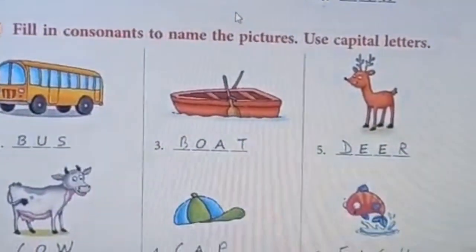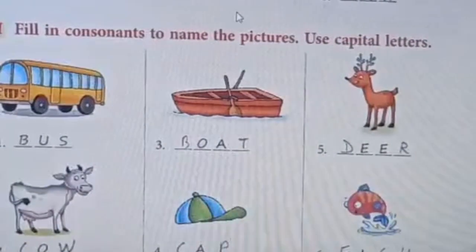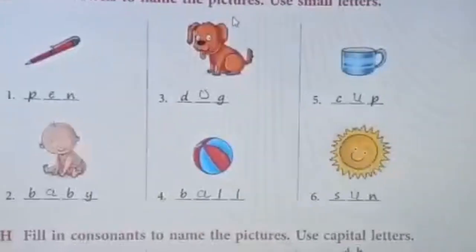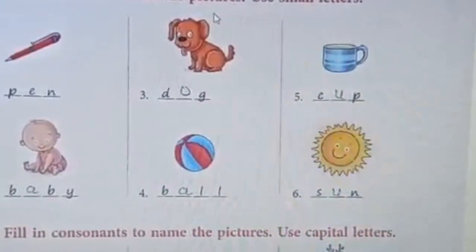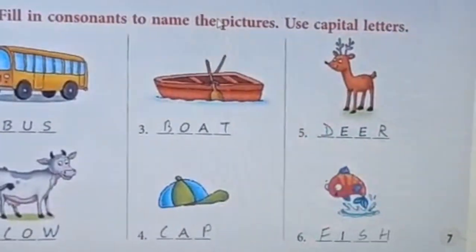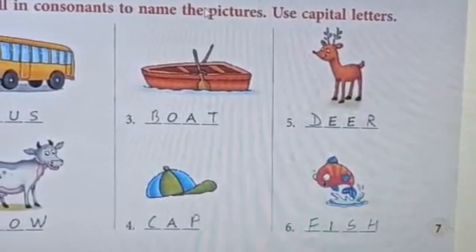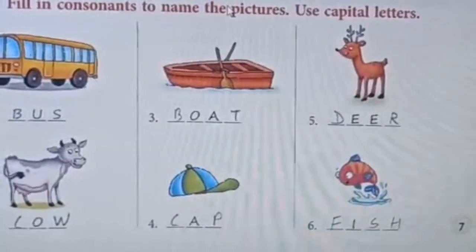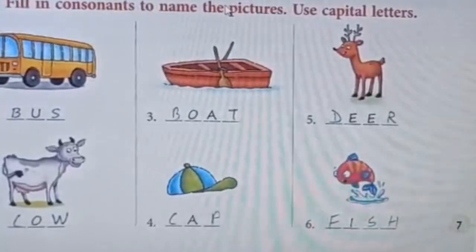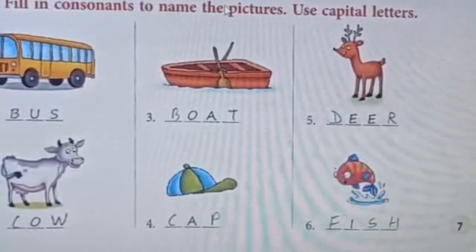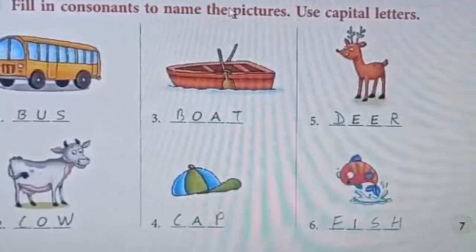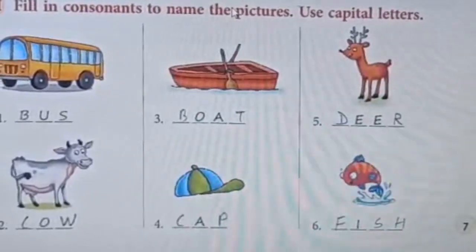Now fill in consonants to name the pictures. Use capital letters. Now earlier we used vowels to fill in the blanks to make a word, and now we will use consonants to make a word, and we will write these consonants in capital letter. B-U-S, bus. B-O-A-T, O and A is given and we will write B and T, that is consonant.